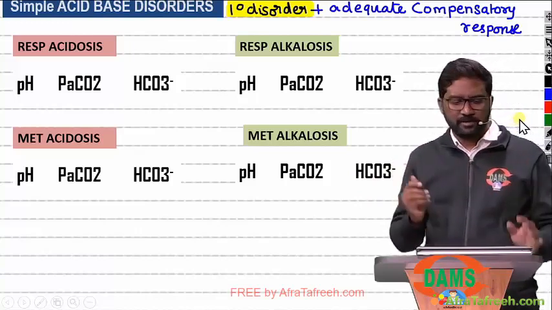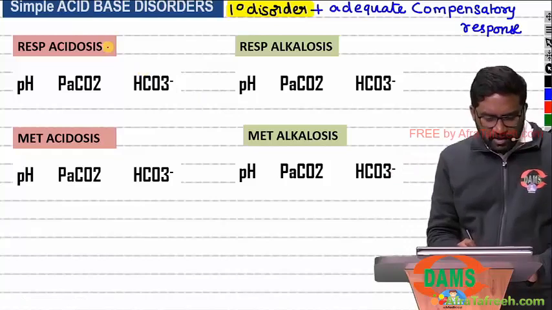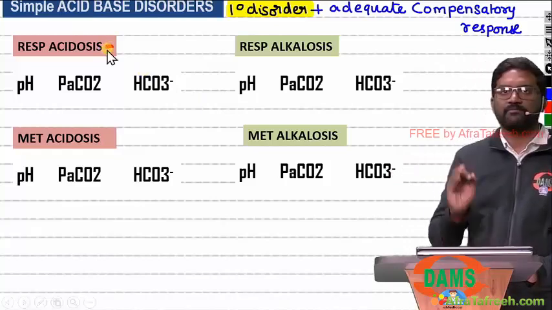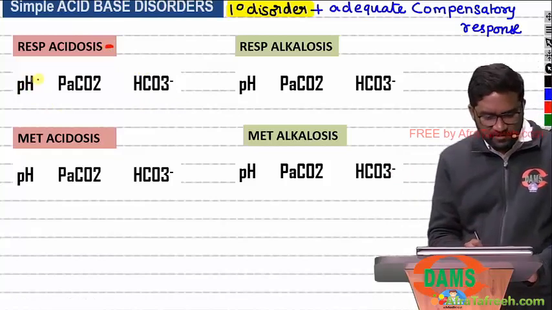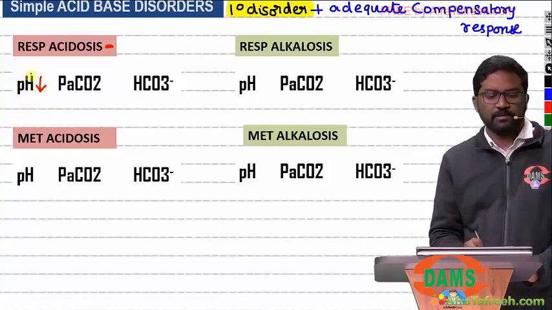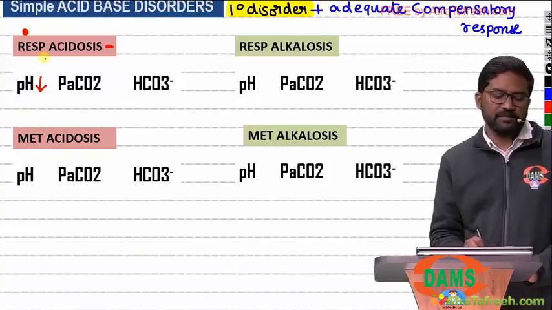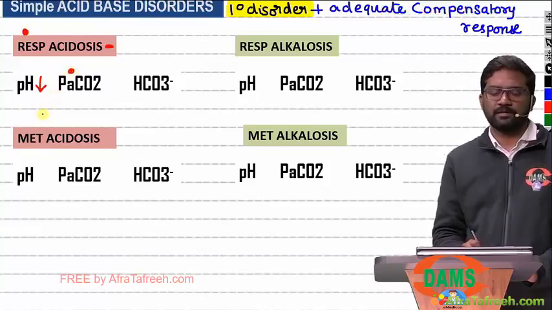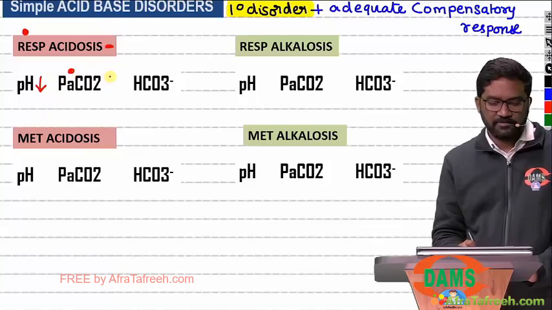Now to call it acidosis, what should happen to pH? pH should be reduced, students. To call it a primary respiratory disorder, where should the change be? CO2. You only tell me, what is respiratory acidosis?